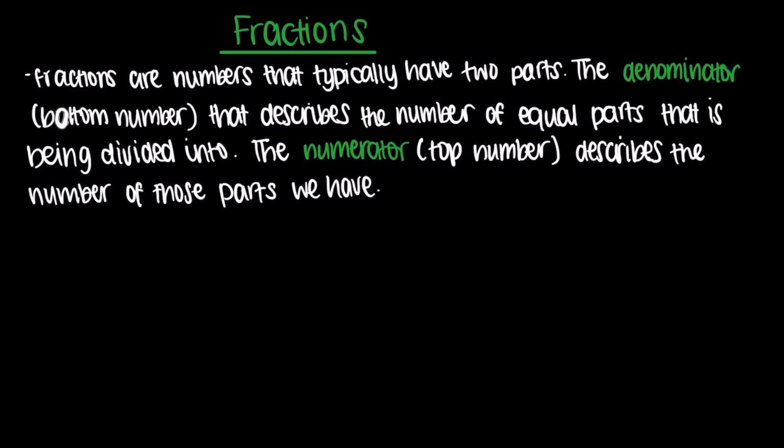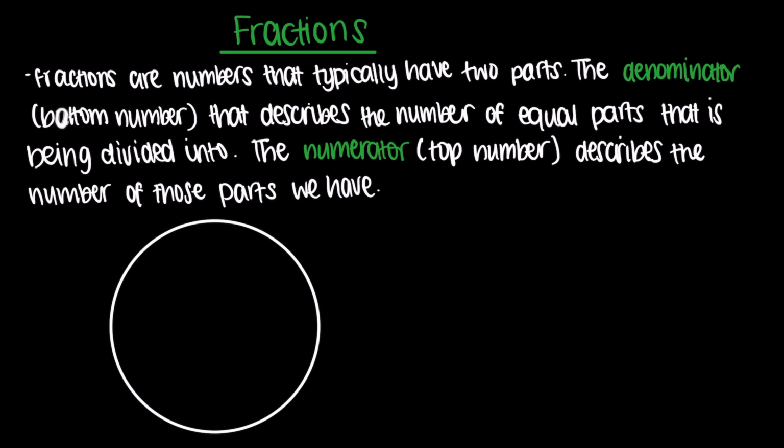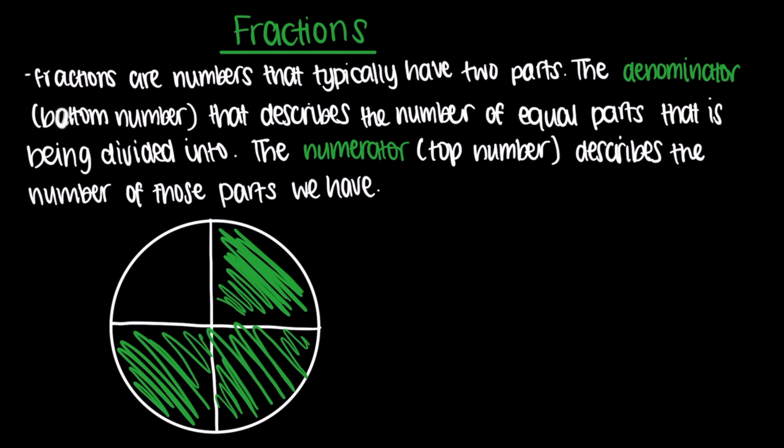So let's look at a pie, for example. Let's say we have a whole pie that is being divided into 4 equal parts, and we give 1, 2, 3 parts of the pie away. So I might eat a part of the pie, my friend Ali might eat another part of the pie, and another friend of mine, let's say Joe, might eat another part of the pie.